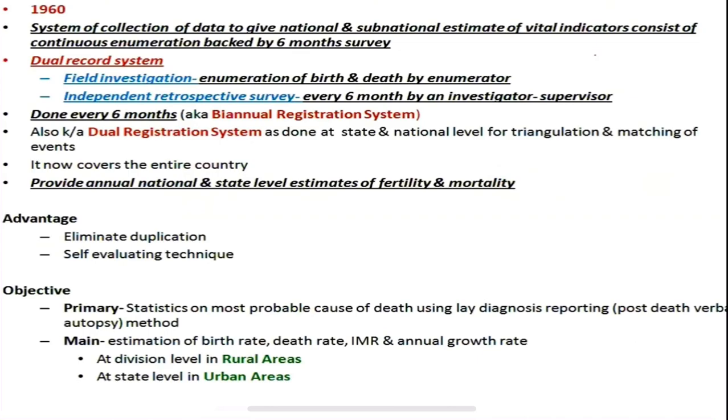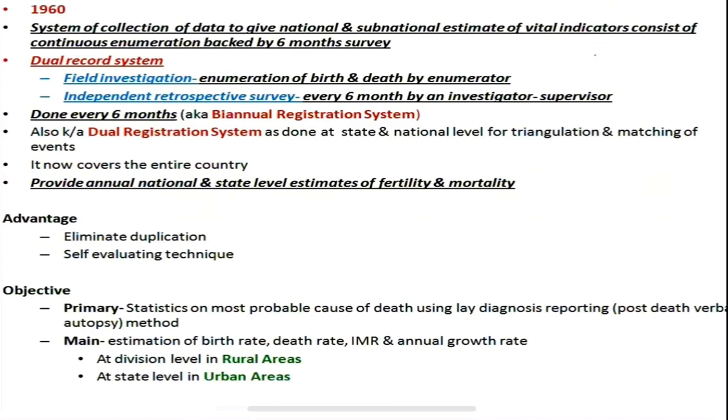You are collecting the data at the national level and also at the sub-national level, the state level and district level. You are estimating vital indicators like the birth rate, death rate, infant mortality rate, and annual growth rate.